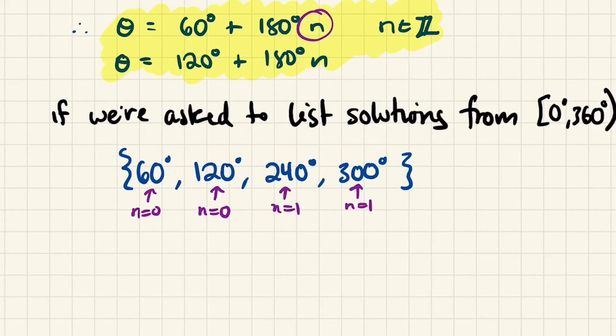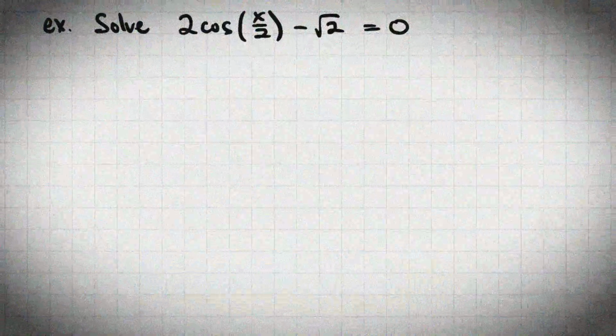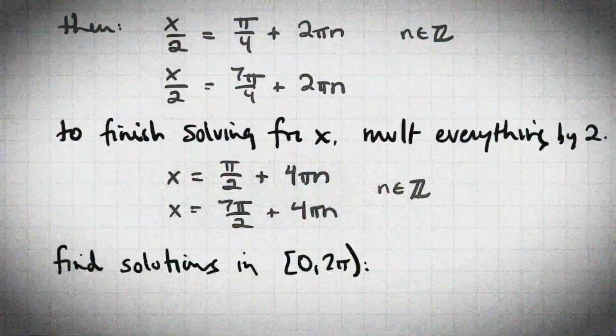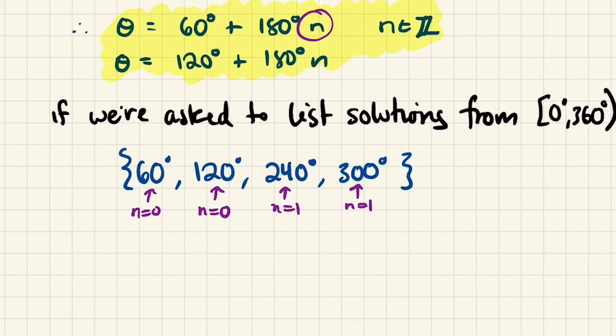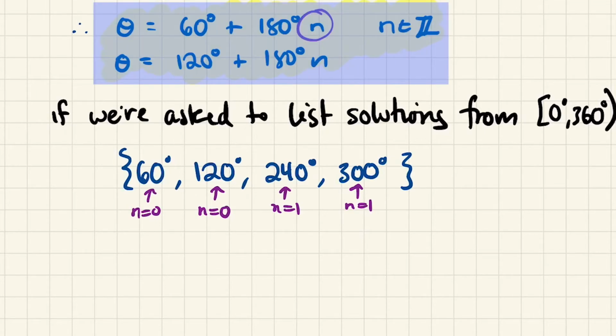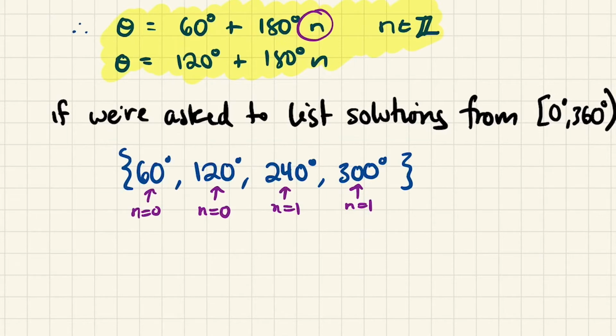This is a complication that only arises if you're solving an equation with a multiple angle in it, like the last example with x over 2, or this example which had a 2 theta in it. So if you are solving an equation with a multiple angle in it, then you actually have to find all the solutions before you list the solutions from 0 to 360, so that you make sure that you're getting them all.